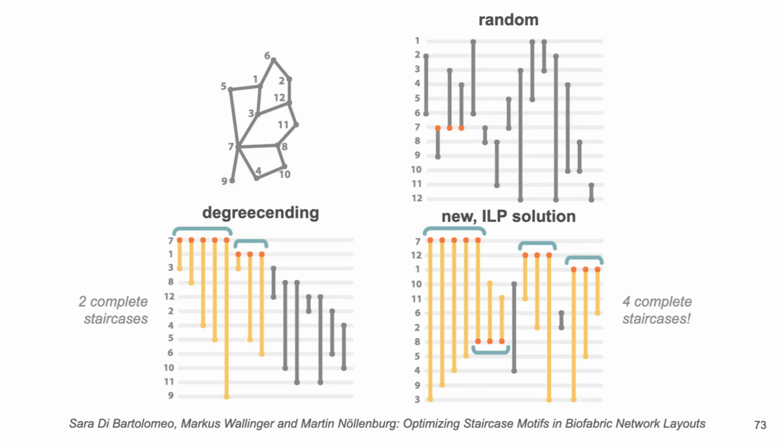I ended up using integer linear programming to formulate a model that would find the exact layout, the exact method to create as many staircases as possible. So here, with the best solution instead, we have 4 staircases that appear in this visualization.